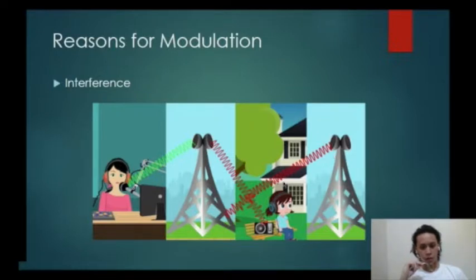Ito rin, audio signal. Same sila ng frequency. Then that means magkakaroon ng destructive interference. Magdi-distort ngayon yung makukuha ng receiver. Dalawang boses na sabay, yun yung makukuha ng receiver, which is hindi siya effective.